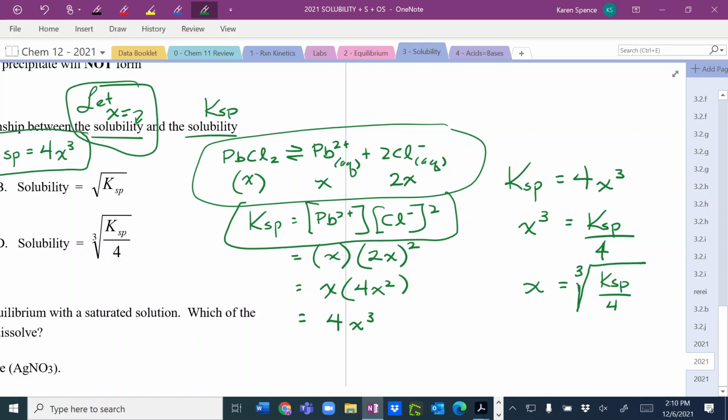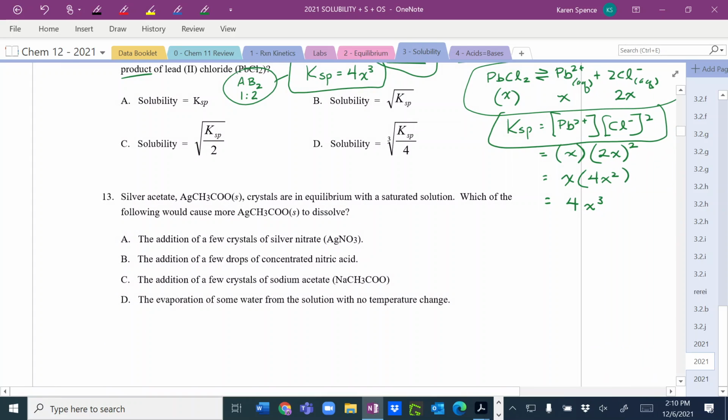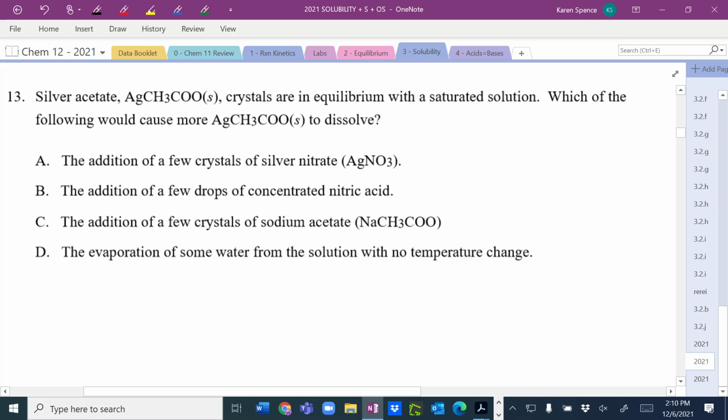Number 13. Ooh, 13. I would not give you 13 on this test, but after today or tomorrow, I would expect you to know how to do it. Okay?